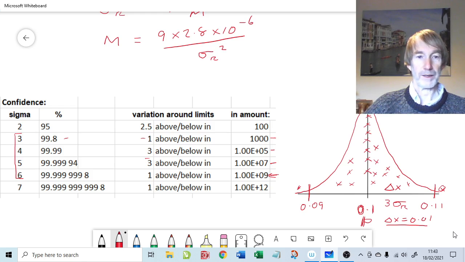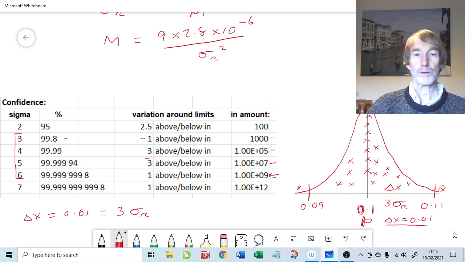Although technically speaking we're saying that that delta x, which I said was equal to 0.01, we're equating that with 3 sigma, which is the standard deviation.